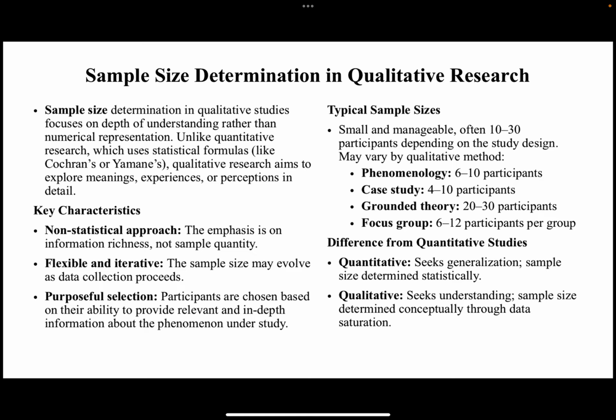The difference from quantitative studies is that quantitative studies seek generalization, which is why sample size is determined statistically. But a qualitative study wants to understand certain phenomena and concepts, so sample size is determined conceptually through data saturation.